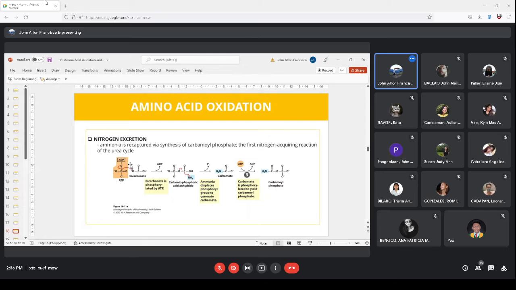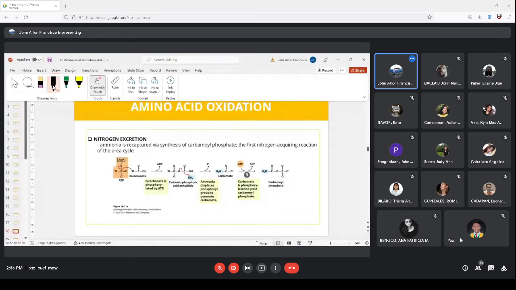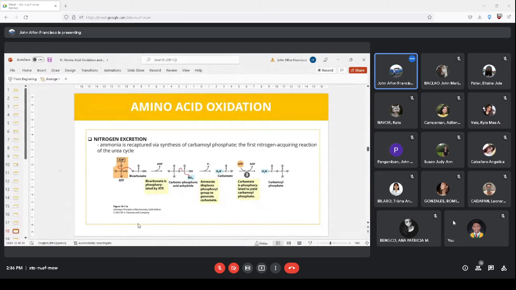Okay? Ito, but this is what happens sa iyong nitrogen once it was removed from your amino acid. Right? Ammonia is recaptured via synthesis of carbamyl phosphate. So, mahalaga na carbamyl phosphate, ay wala pa nakalagay dito.